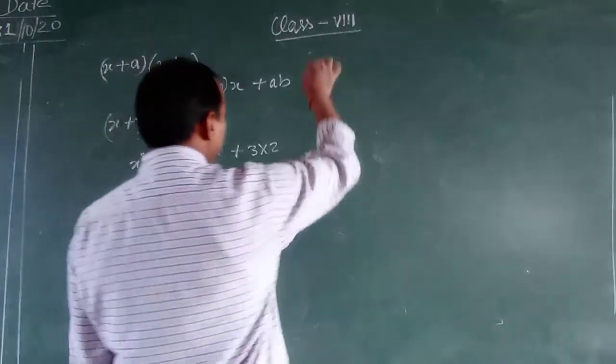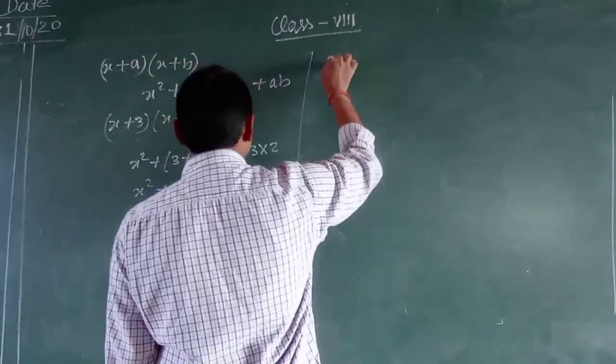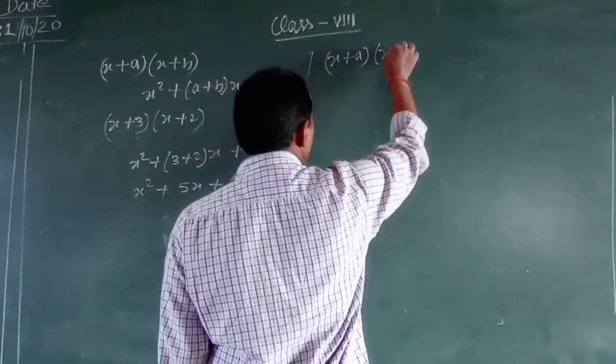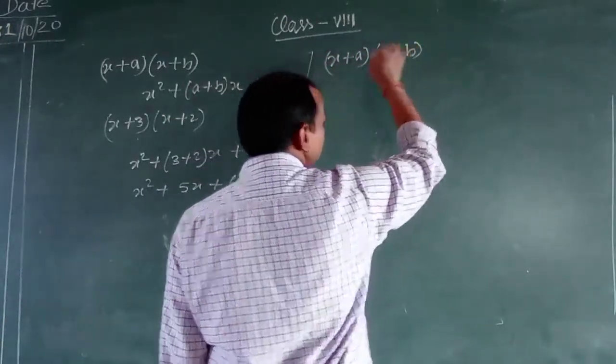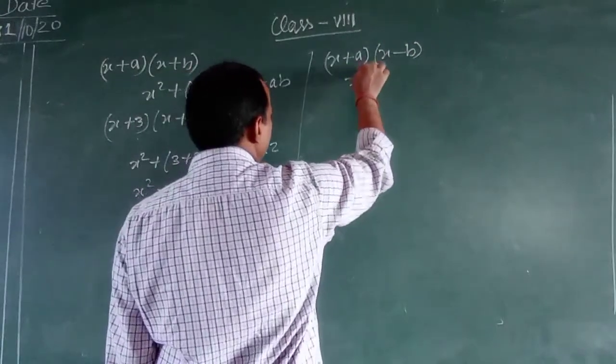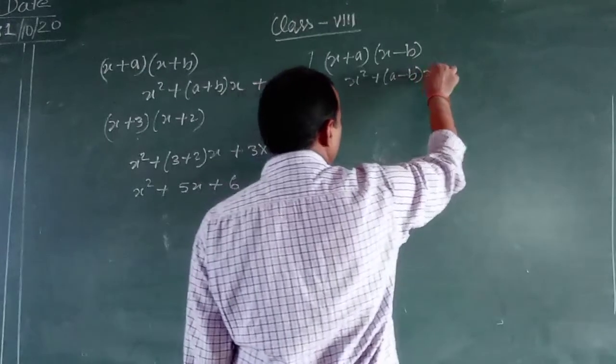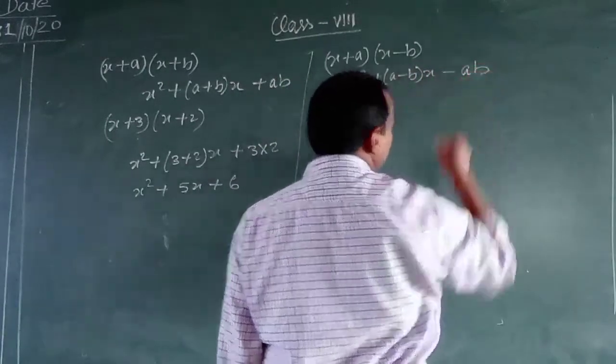Similarly, the next is if x plus a into x minus b, it can be written x square plus a minus b into x minus ab.